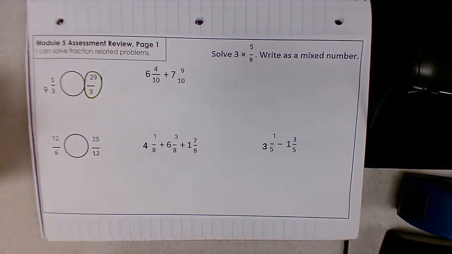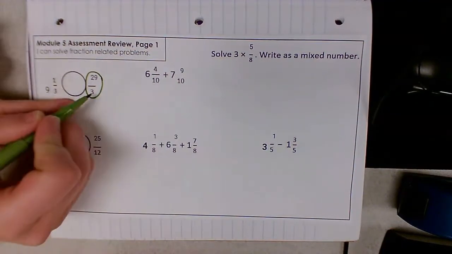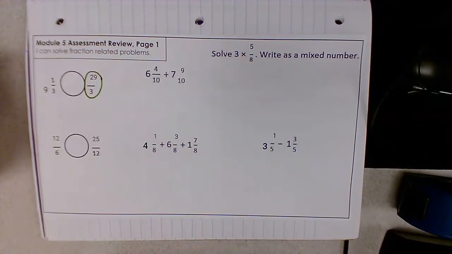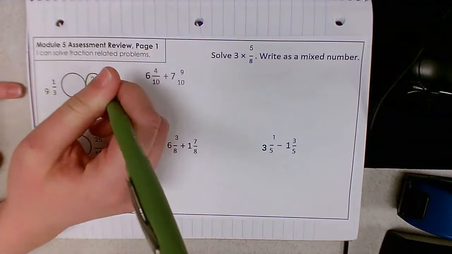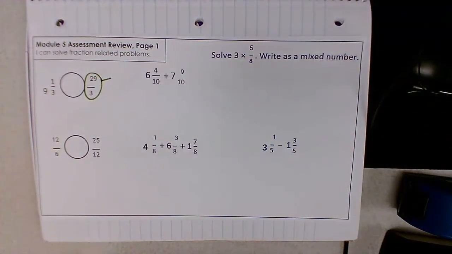I want to see how many groups of 3 thirds I can pull out of 29 thirds without going over. Now, I could pull out 3 thirds at a time, but if I skip count by 3s, it's going to take me a while to get to 29. A more efficient strategy would be to ask myself, when I skip count by 3s, what multiple gets me the closest to 29 without going over?